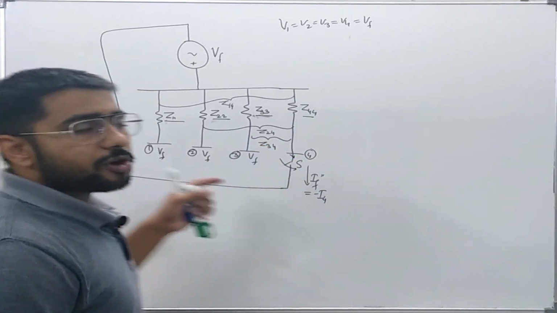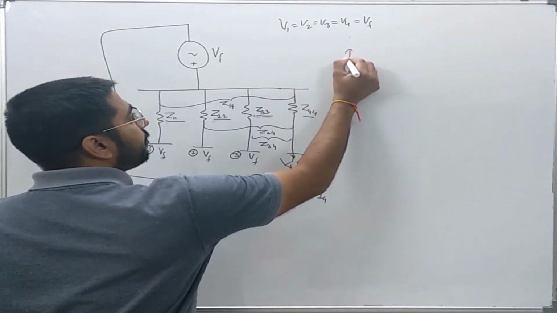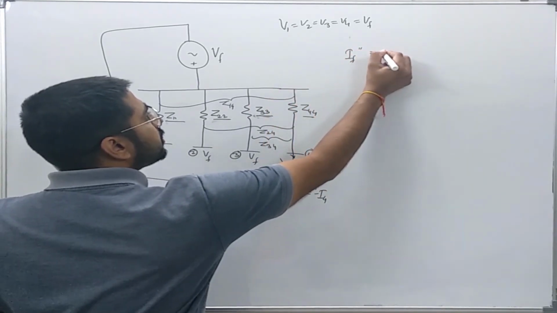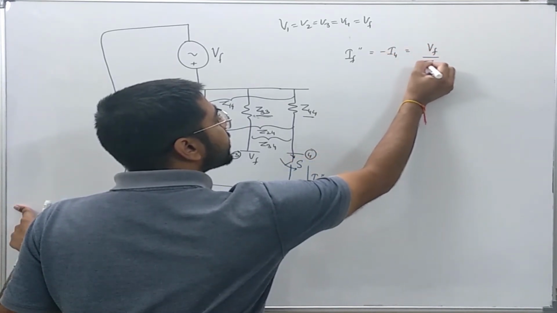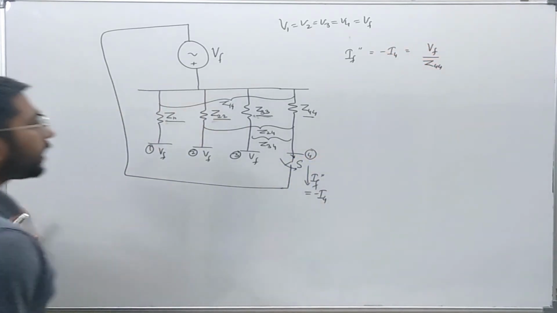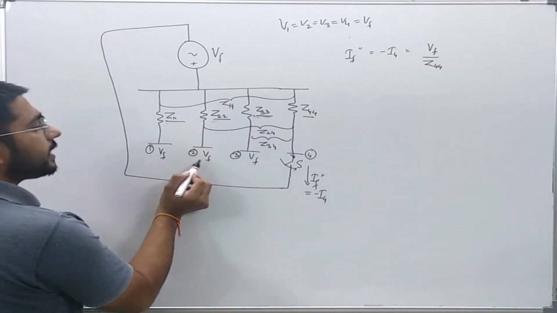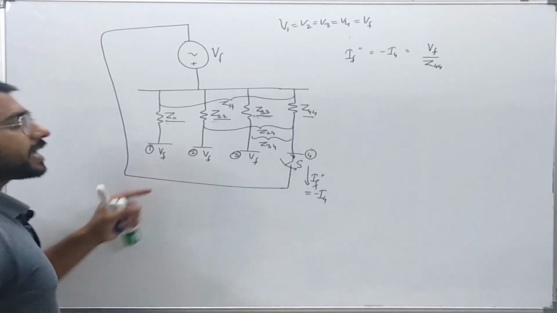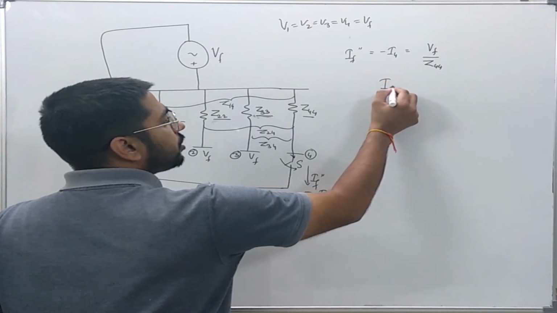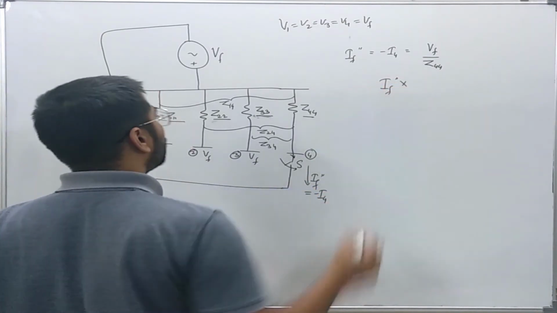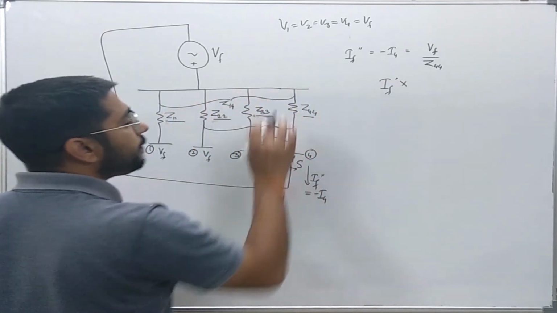So from our previous slides, what we know is that IF double prime, which is equal to minus I4, is nothing but Vf over Z44. And the change in voltages at various buses can now be represented just by the multiplication of IF double prime into various transfer impedances.